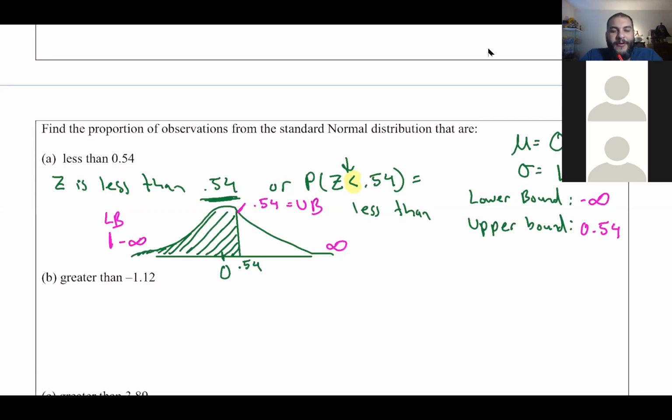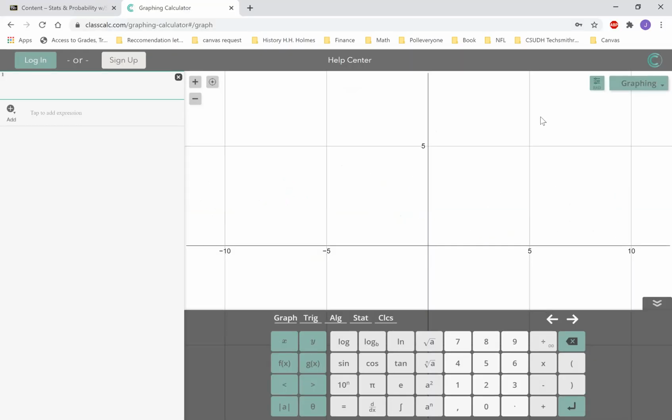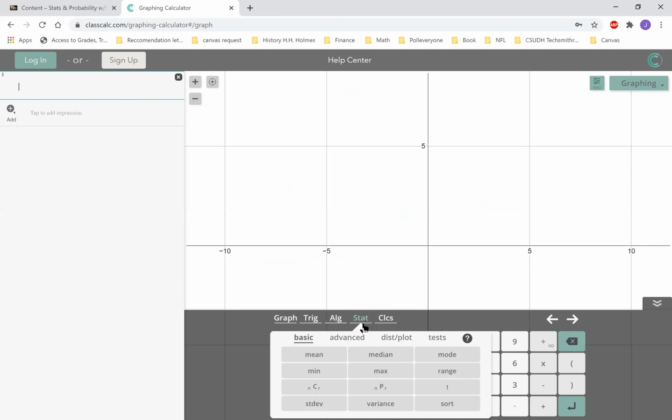All right, so now we're going to transition over to ClassCalc. If you have it open, good, or if you have the app open, perfect. Let me minimize that. The first thing you want to do is go to the stats button, then go to distribution.